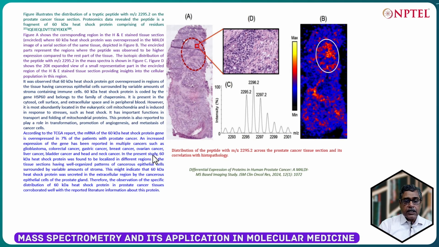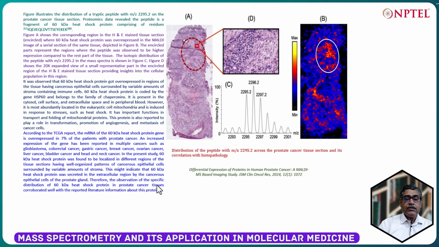In the present study, this 60 kilodalton heat shock protein was found to be localized in different regions of the tissues that have a well organized pattern of cancerous epithelial cells, that is, while describing the H&E stained tissues, I showed that to you. Now, this might indicate that the 60 kilodalton heat shock protein was secreted in the extracellular region by the cancerous epithelial cells of the prostate gland.